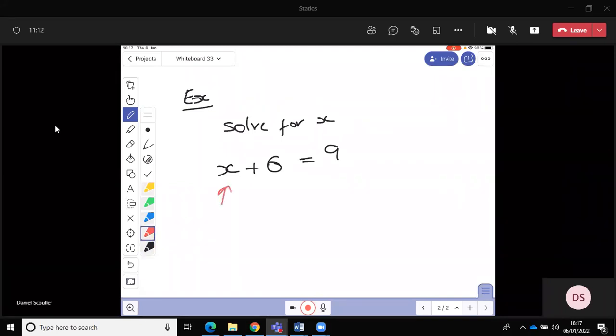In this case, we want to find out what x is. So, a nice simple example to start us off.